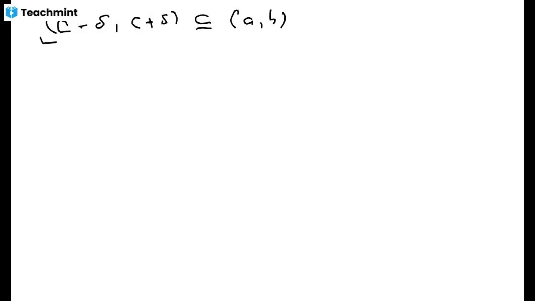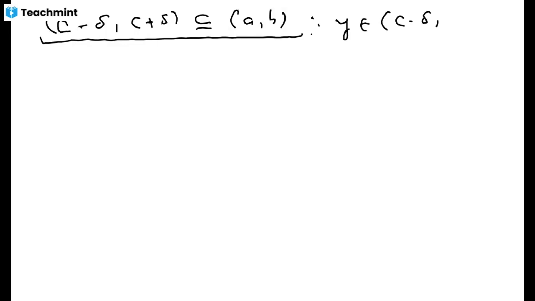To show that this is a subset of the open interval (A, B), you have to show that each element of this delta neighborhood of C is inside the open interval. For that, you choose an element y in this delta neighborhood of C, which implies that C minus delta is less than y, which is less than C plus delta.